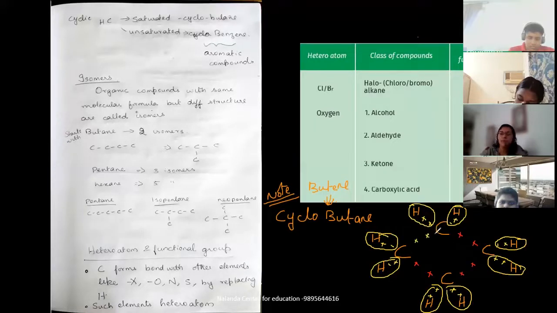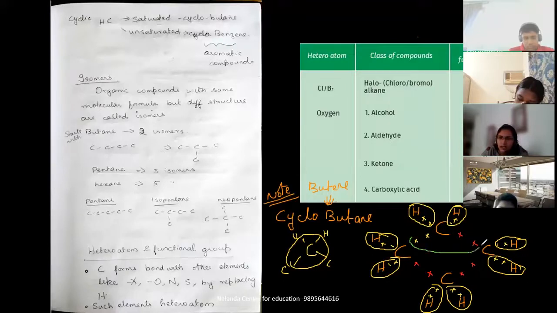So for this carbon, how was the structure? Hydrogen was here, and it was linked to 2 carbons, right? This is how the structure was. Now for this bond, the electron should be taken. For this bond, the electron should be taken. So this carbon's octet is going to be like this: for this bond, electron should be taken, electron should be taken from hydrogen, and that completes the octet.